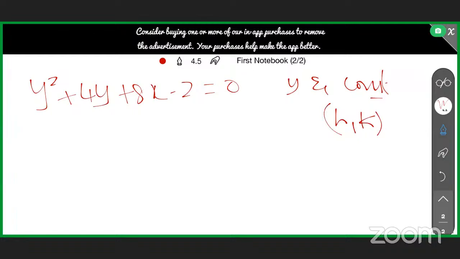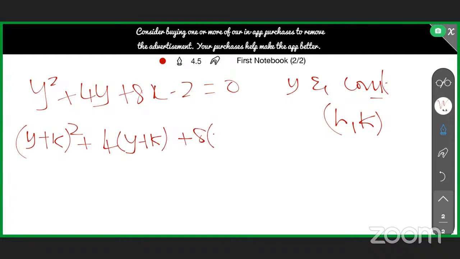(y plus k) square plus 4 into (y plus k) plus 8 into (x plus h) minus 2 is equal to 0.